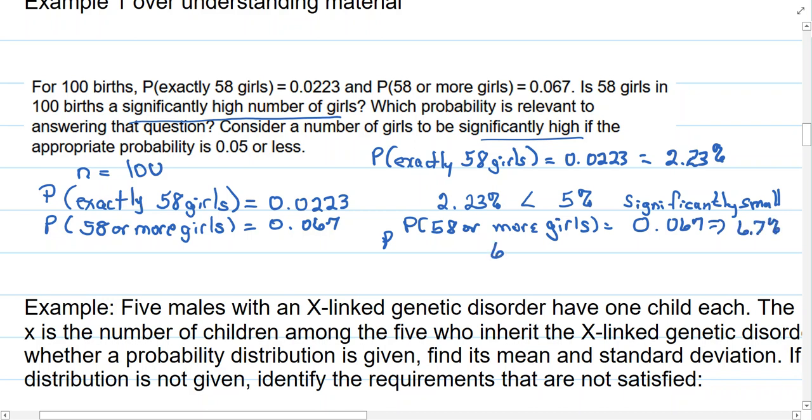And we know that 6.7% is greater than the 5%. So that one is significantly high.